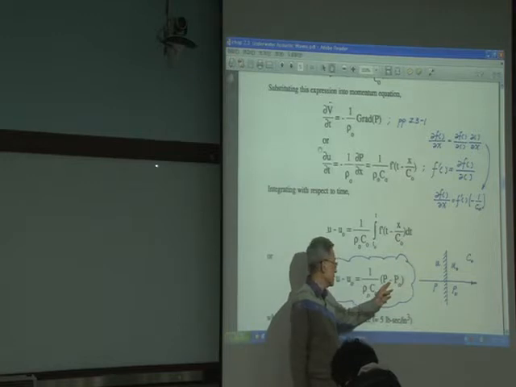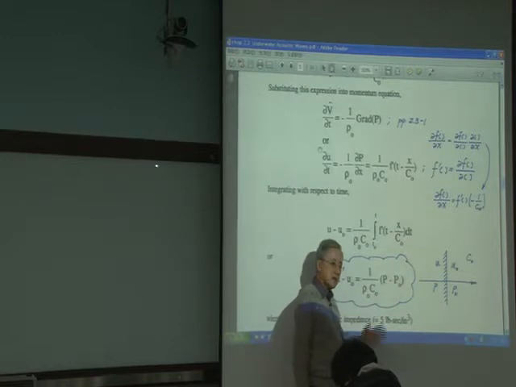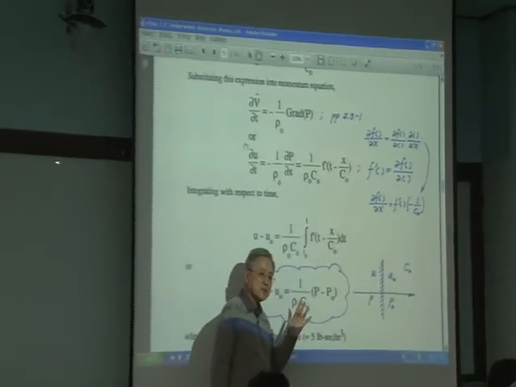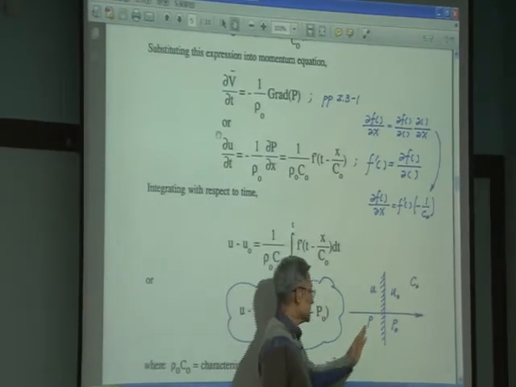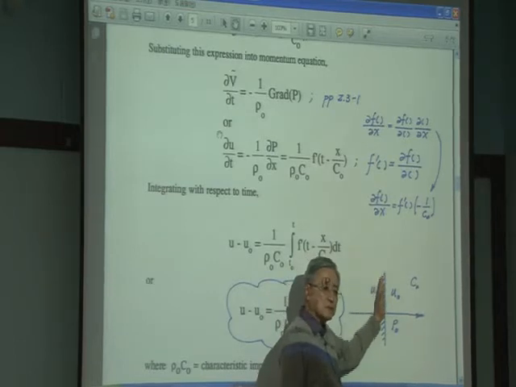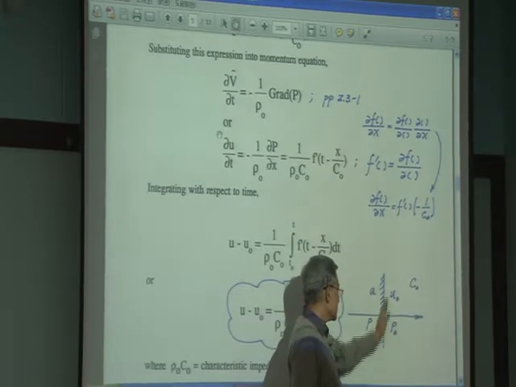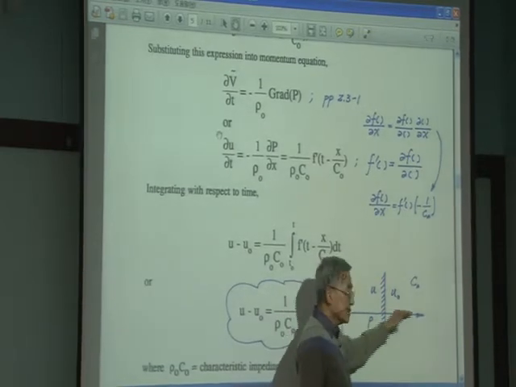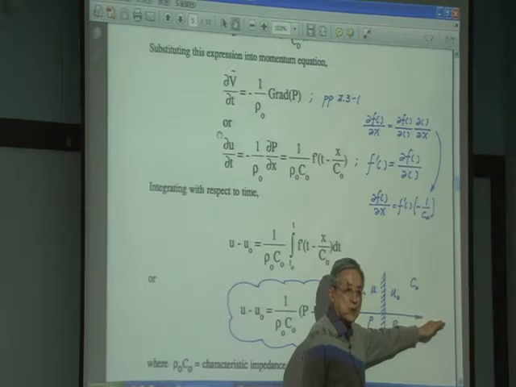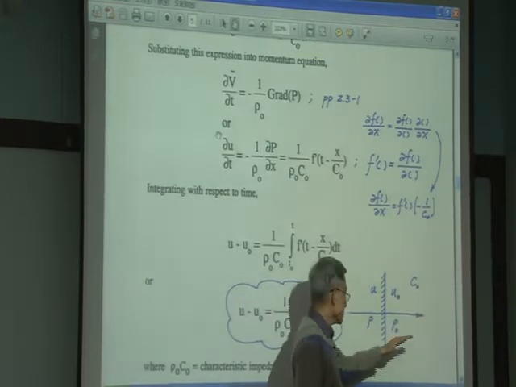Very important equation. How can I physically tie this equation? Like this. This is a 1D wave, right? One-dimensional wave, plane wave. This is a wave propagating in the positive x direction.